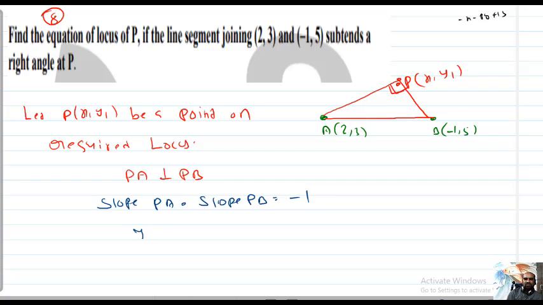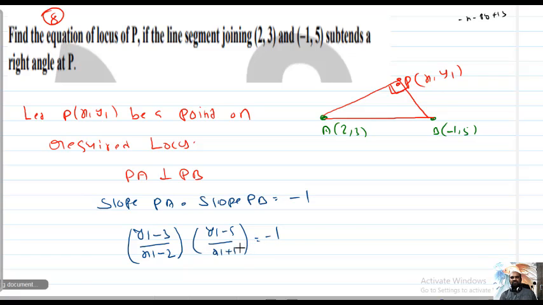So (y1 minus 3) by (x1 minus 2) into (y1 minus 5) by (x1 plus 1) equal to minus 1. Now we need to simplify this.